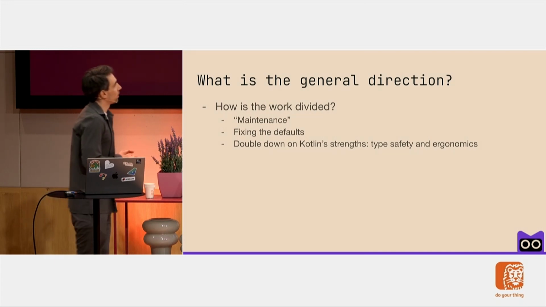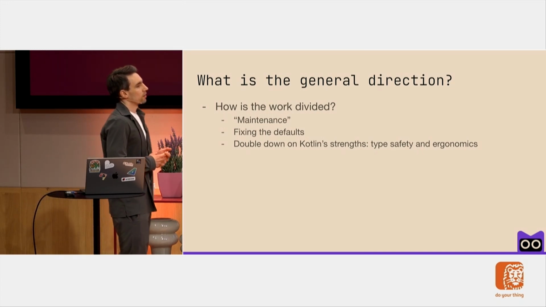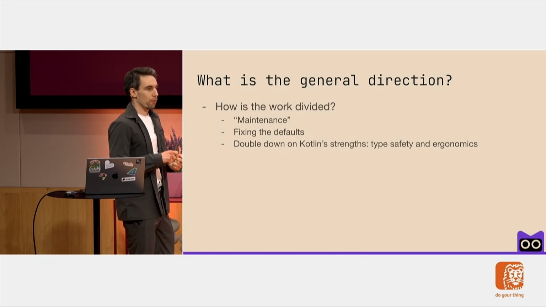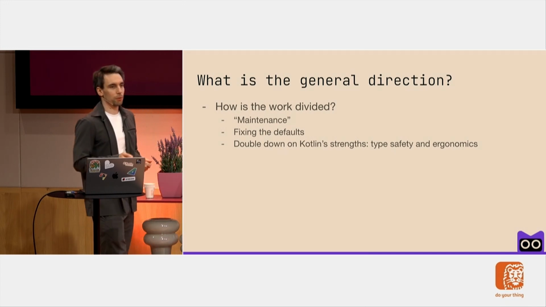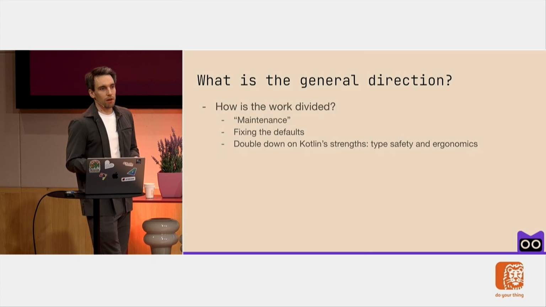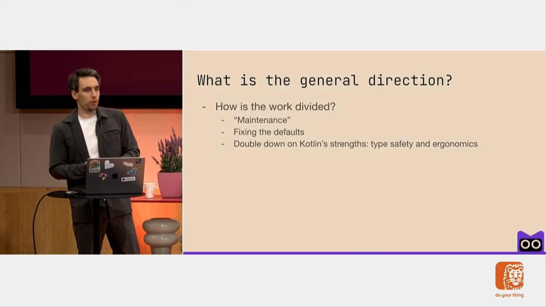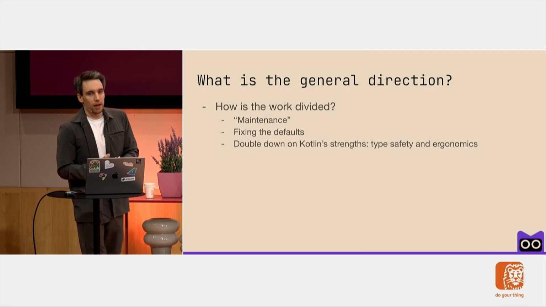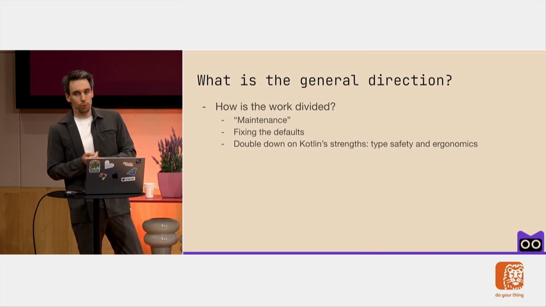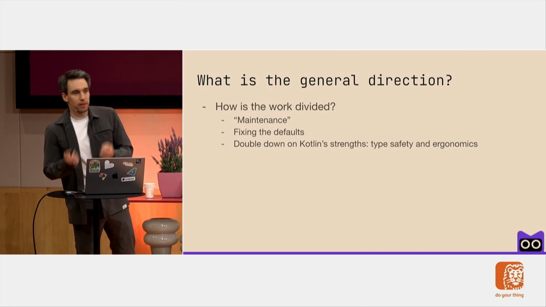And of course, on the other hand, we continuously check which features are really great in Kotlin. For instance, we see that extension functions are really nice for extending the API, or we see that Kotlin nullability is great. And because we see that they actually work out in the end, we want to double down on them.